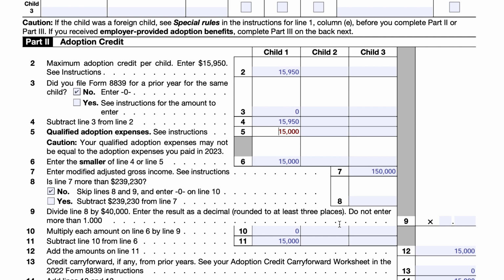So let's just, for a moment, go back and pretend that his line 7 amount is more than $239,230. Let's just say that it happens to be $259,230. And so by subtracting the $239,230, we get an even $20,000. We would then divide this by $40,000, which results in a decimal of 0.500.